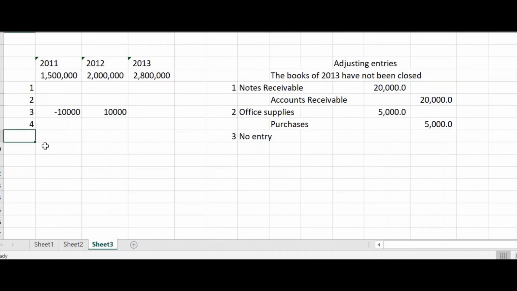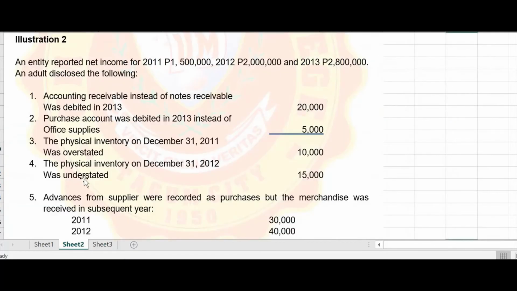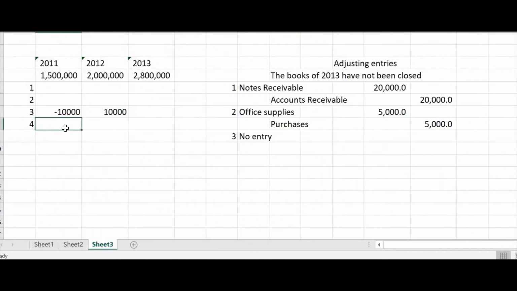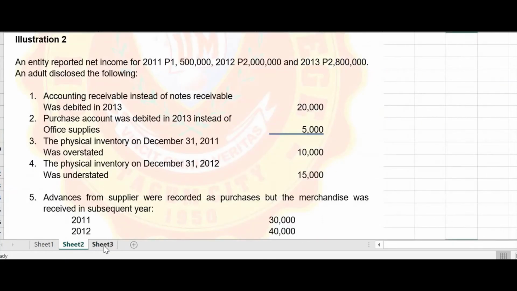Let's have number 4. For number 4, the physical inventory on December 31, 2012 was understated. Okay, so if understated yung ending inventory, overstated yung cost of goods sold for 2012, then understated yung net income by 15,000.